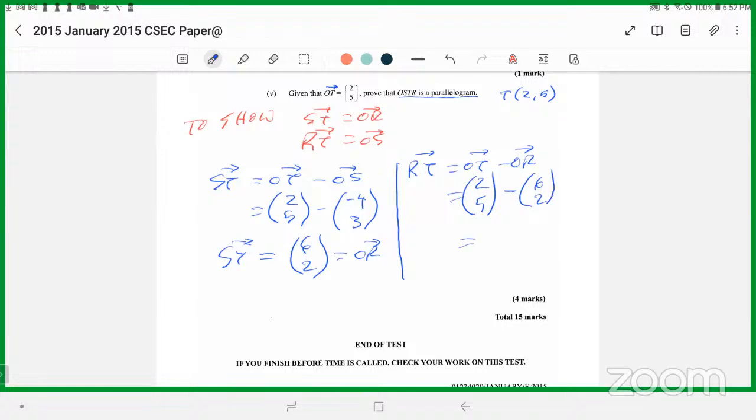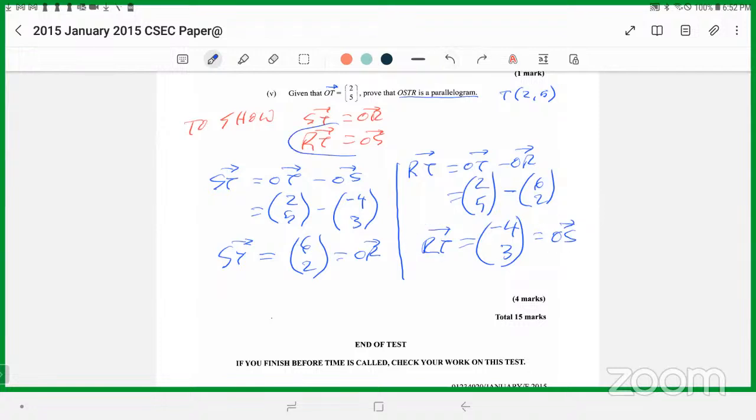And this works out to be 2 minus 6, which is -4, and 5 minus 2 is 3. And the -4, 3 is actually OS.